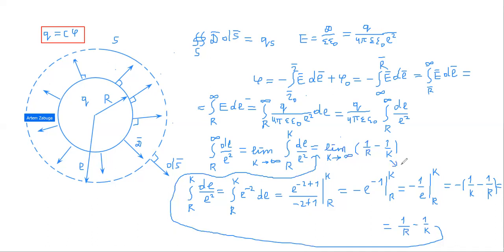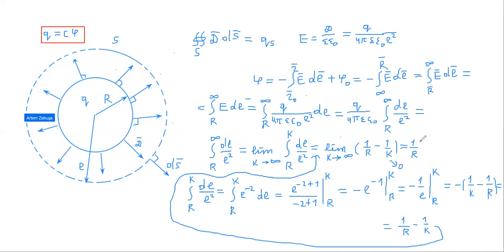So the second term is 0, and it is equal to 1 divided by R.